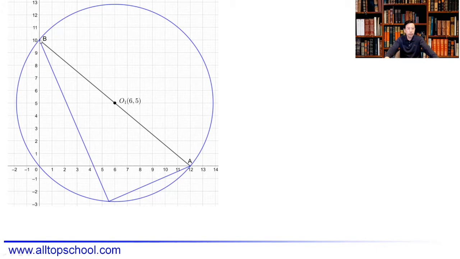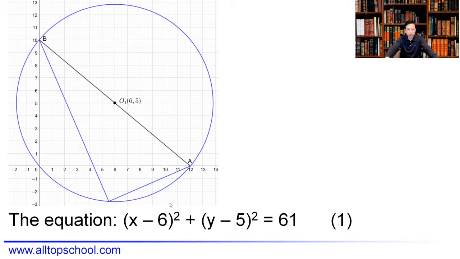From the coordinates A and B, we can find the midpoint of A and B. This is 12, that becomes 6 for the x coordinate. This is 10, so the y coordinate for this midpoint will be 5. So from here we get the equation of the circle, (x minus 6) squared plus (y minus 5) squared equals 61, because we just got the length square root of 61. So you get this equation.